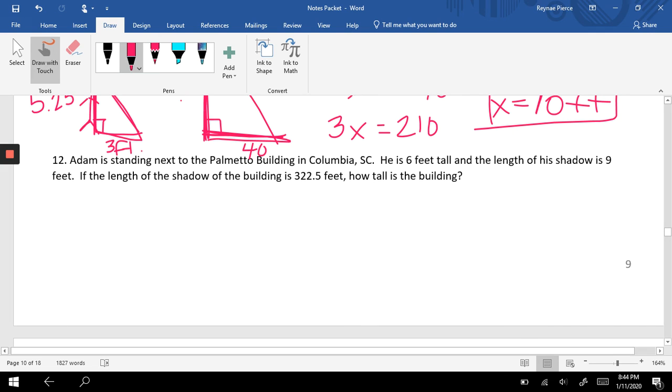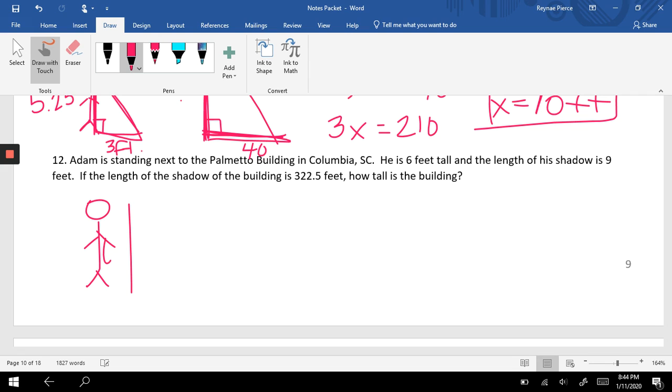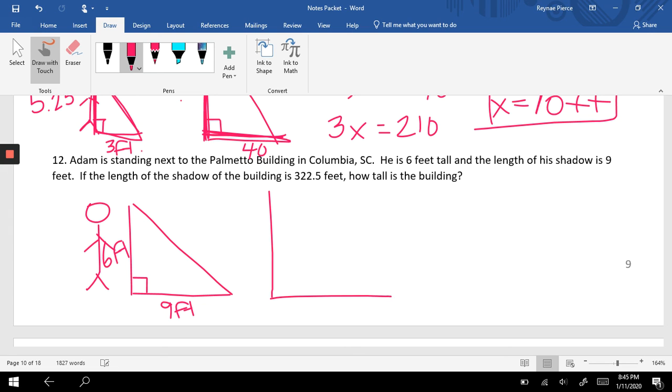Adam is standing next to the Palmetto Building in Columbia, South Carolina. He is 6 feet tall. And the length of his shadow is 9 feet. Here's our building. Its shadow is 322.5 feet long. And again, we don't know how tall that building is.